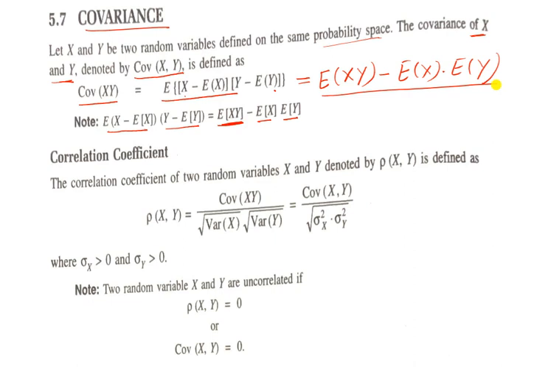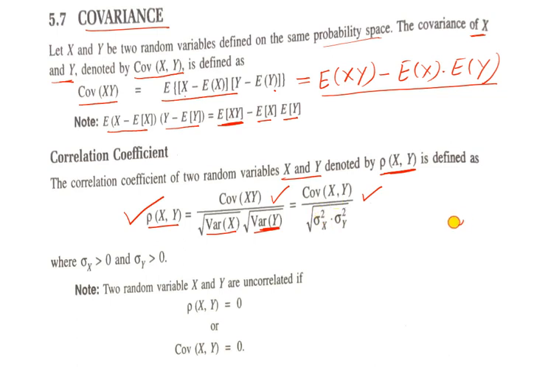Now correlation coefficient. The correlation coefficient of two random variables X and Y, denoted by rho of x comma y, is defined as rho of x y is equal to covariance of x y upon the standard deviation, that is the square root of variance of x times the square root of variance of y, or equal to covariance of x y upon the root of sigma x square sigma y square.